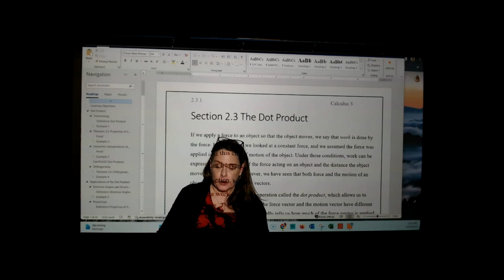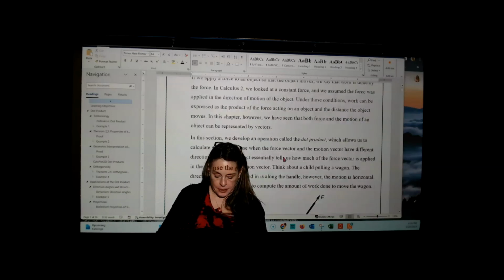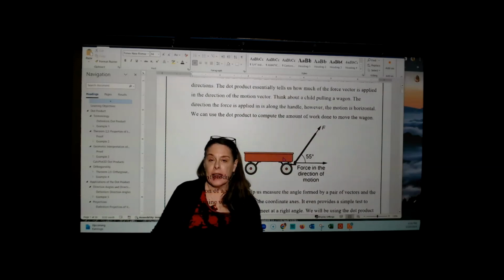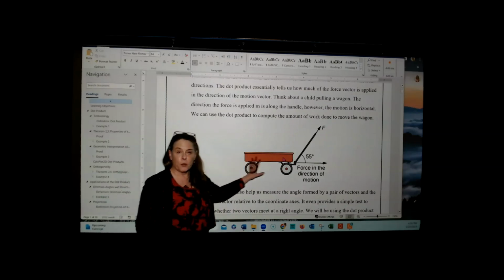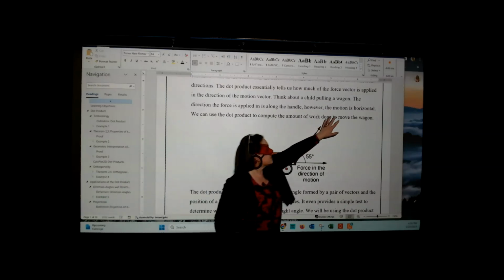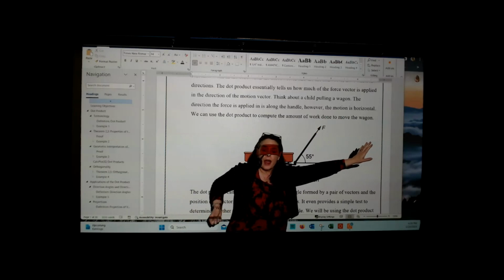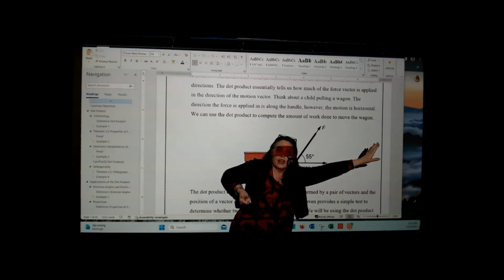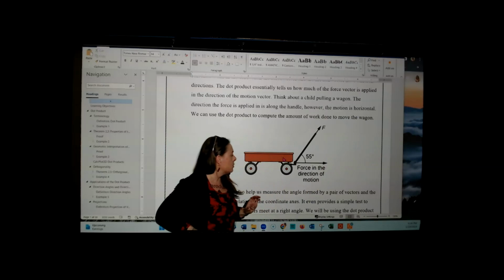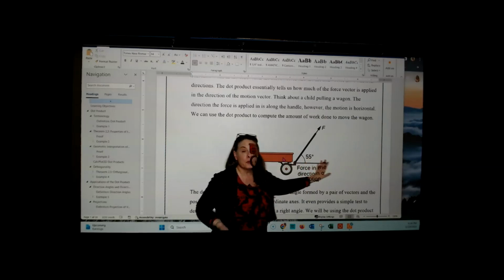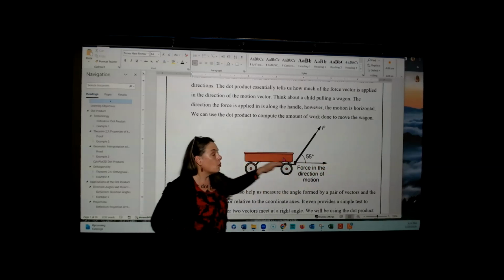Now, let's think about a real-world example of when this might occur. You might have something like a child pulling a wagon. So the child is standing here and pulling the wagon in a slightly upward and to the right motion, but the actual wagon is moving horizontally.